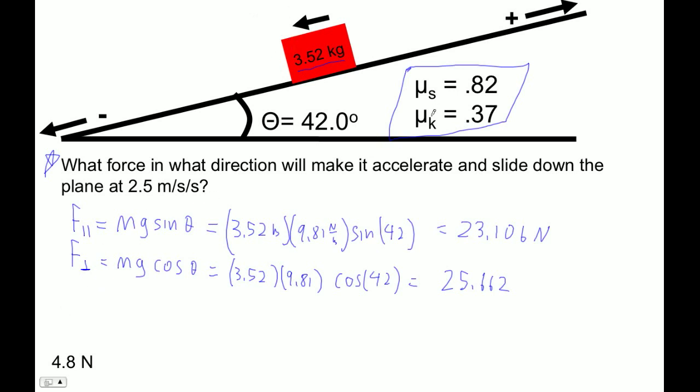So to find the kinetic force of friction, which is the one we're going to use if it's sliding, that's mu, the kinetic coefficient, times the normal force, and this is the normal force. So that's going to be 0.37 times 25.662. On my calculator, I'm just going to go times 0.37, and I get 9.495.